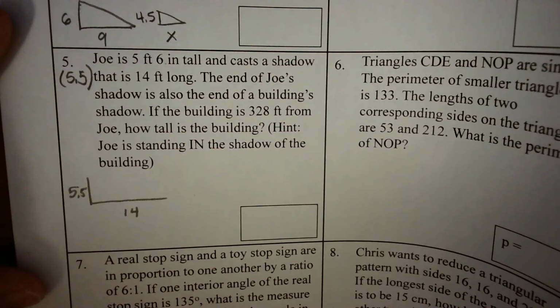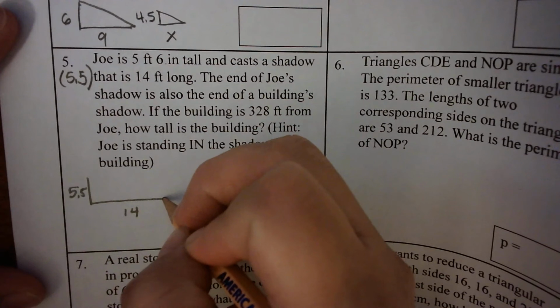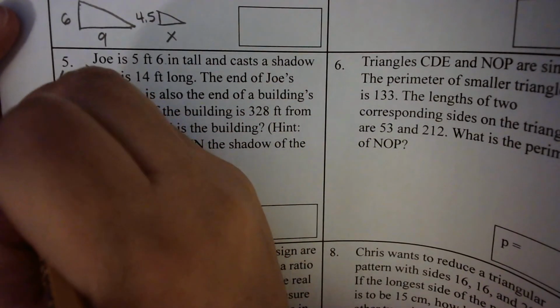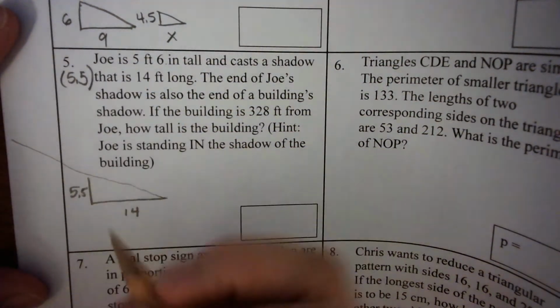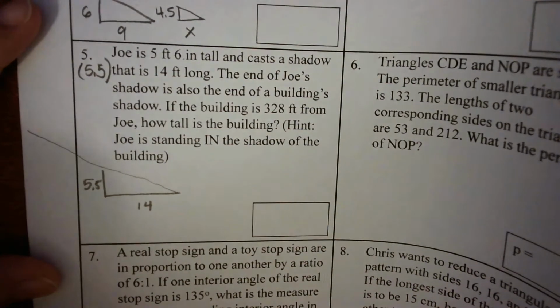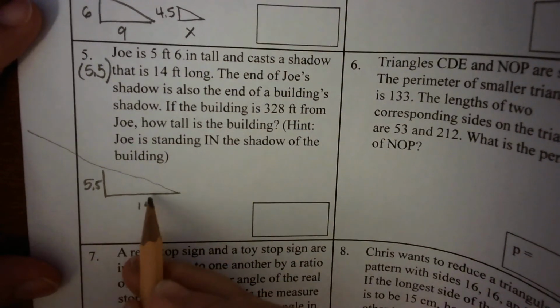At the end of Joe's shadow is also the end of a building shadow. So what they're saying is that however the sun rises, it's going to eventually touch a peak of a building, and then this is the end of that shadow for that building.